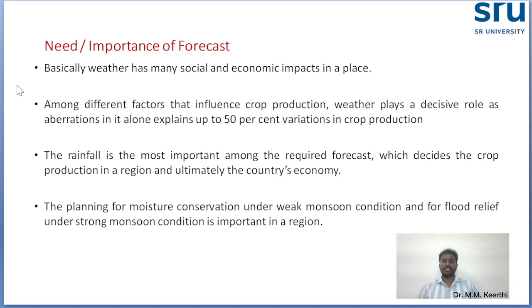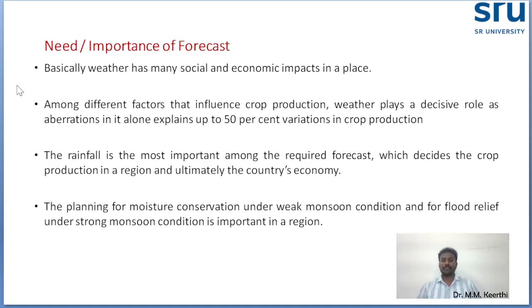Okay. What is the next thing? It comes from the agriculture point of view. It influences crop production. Based on the weather forecast, from field preparation to post-harvest transportation, everything we can decide. Among weather parameters, a very important one is rainfall.